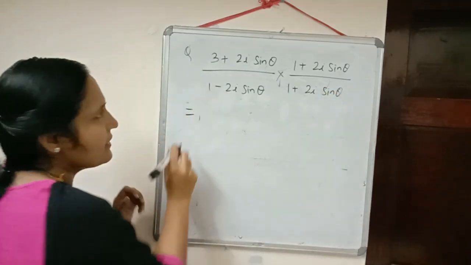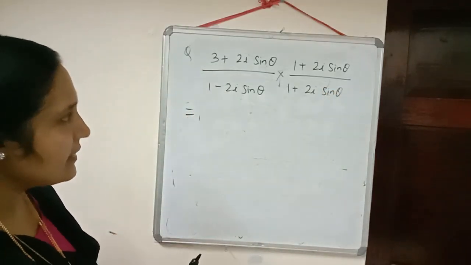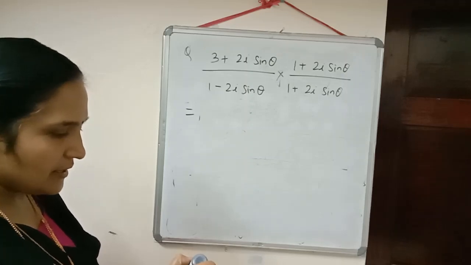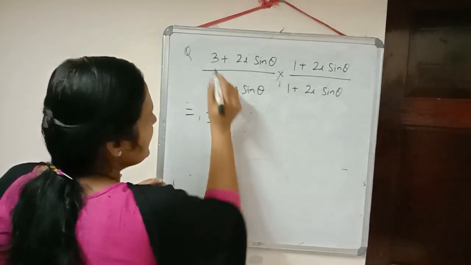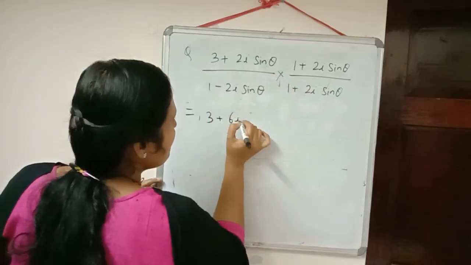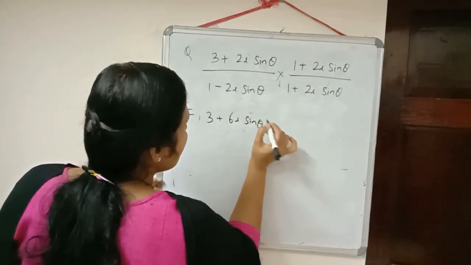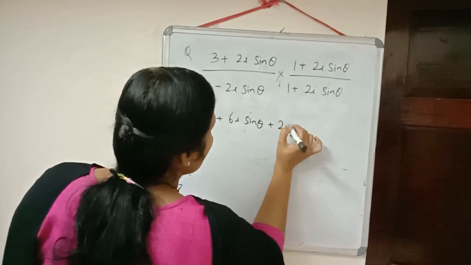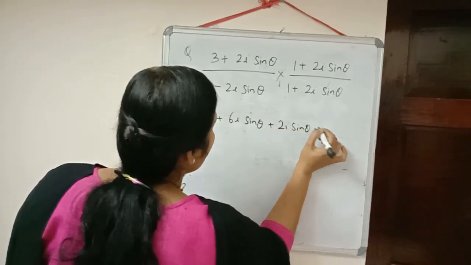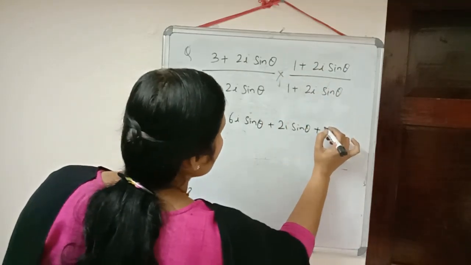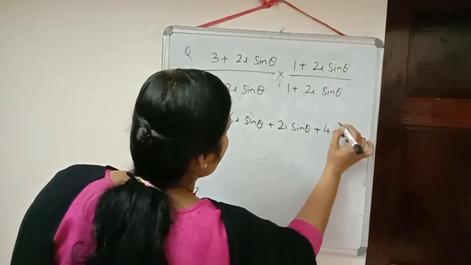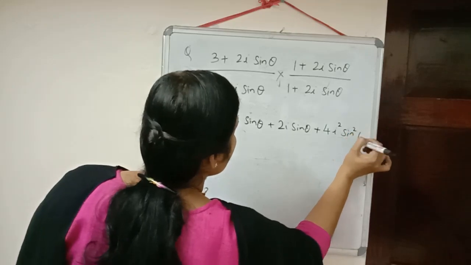So your numerator will become 3 into 1, 3, plus 3 into 2i sin theta, so it will be 6i sin theta, plus 2i sin theta, plus 2i into 2i, that will be 4i square sin square theta.